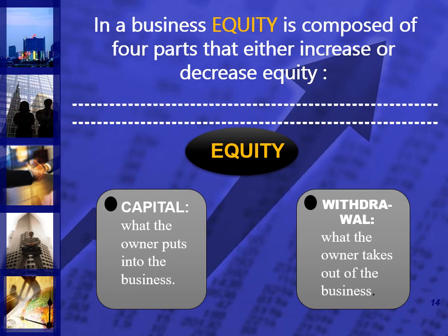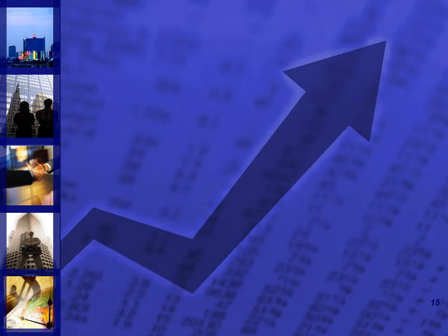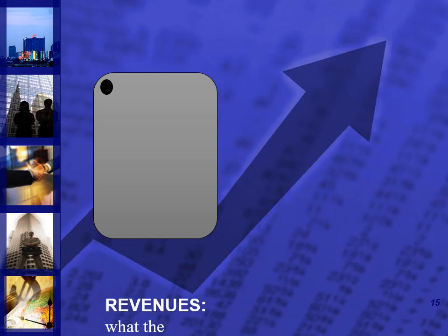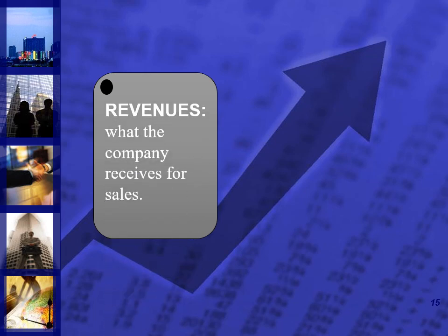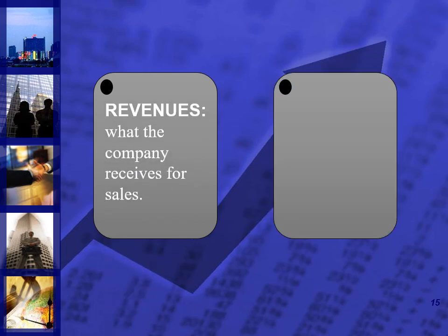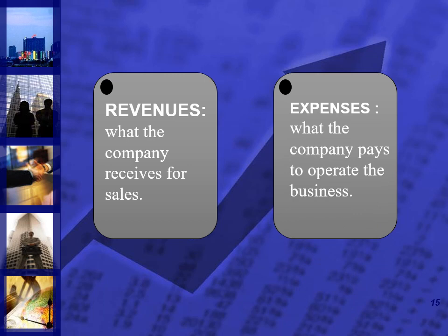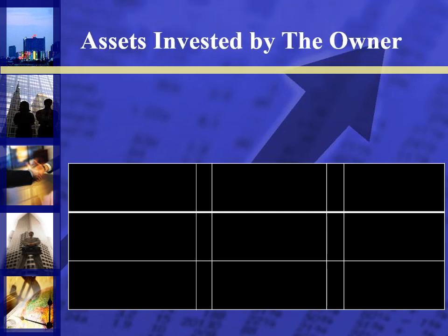In the picture, what we want to put. Revenues, what the company receives for sales. And the last one. Now let's have the illustration.